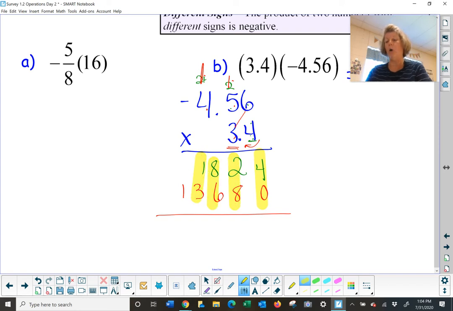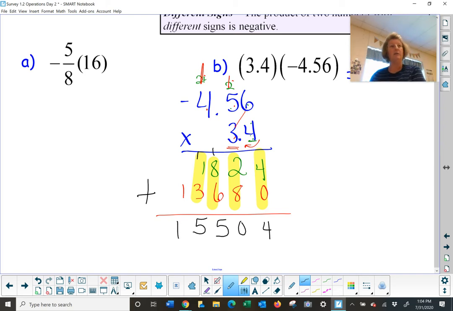And I can tell what needs to be added together because now we're on the step of addition. 4 and 0 make 4. 2 and 8 make 10, carry a 1. 9. 9 plus 6 is 15. 1 again carried. 2 plus 3 is 5 and a 1.